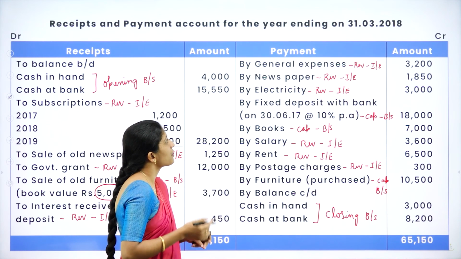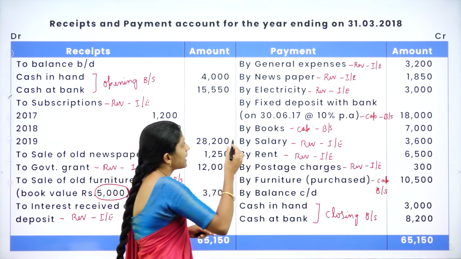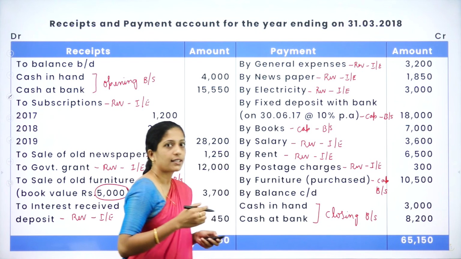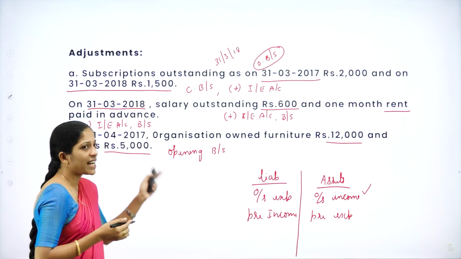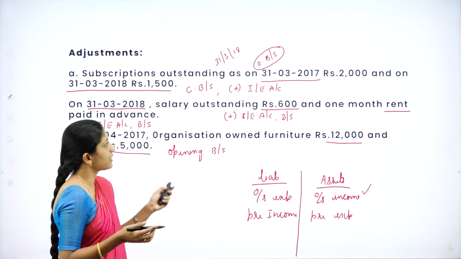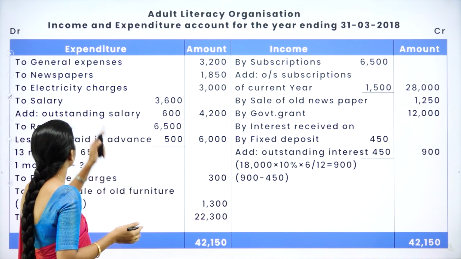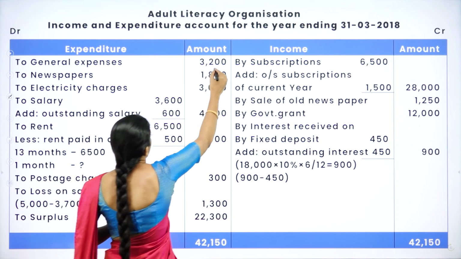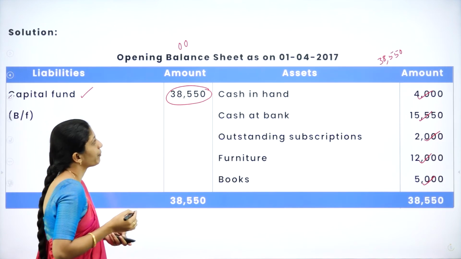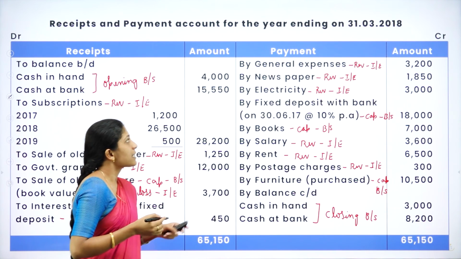The first one is general expenses. It is a revenue item. How much? 3,200. There is no adjustment relating to general expenses, so we are going to record it directly, to general expenses 3,200. And the next one is newspaper.